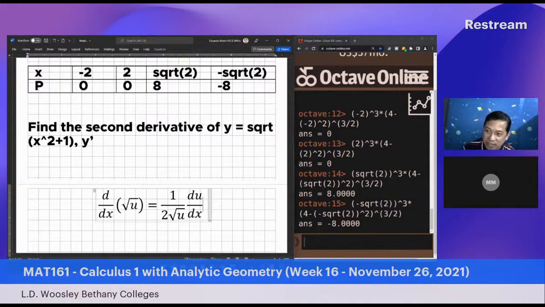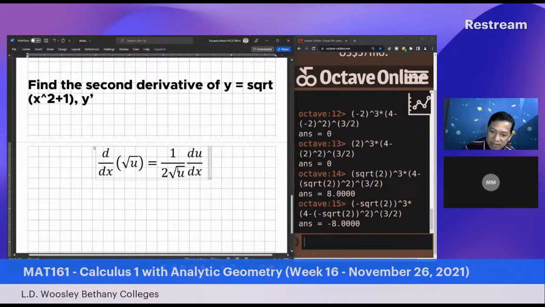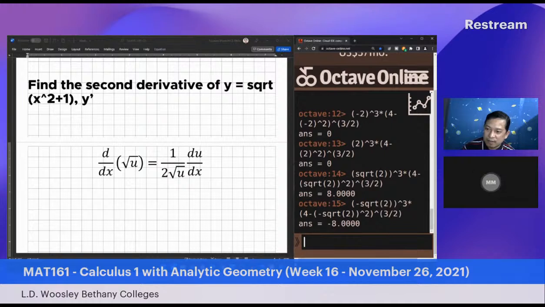Micaela, can you give me the answer? Using this rule, di ba? These are basic radicals. Following that pattern. 1 over 2 square root of x squared plus 1 times 2x.